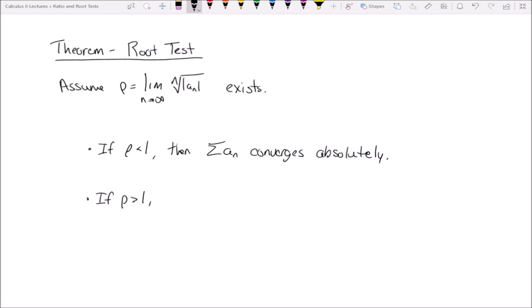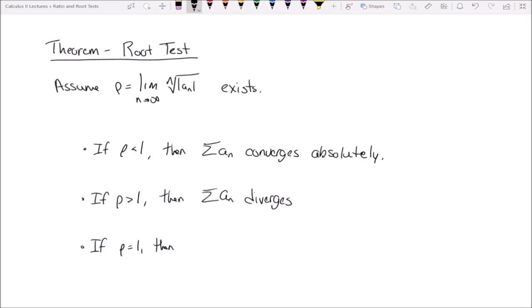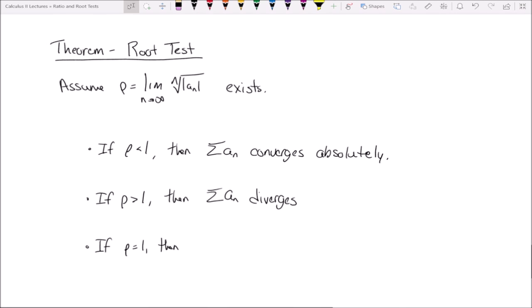If rho is larger than 1, then the series a sub n diverges. And if rho is equal to 1, then the test is inconclusive.